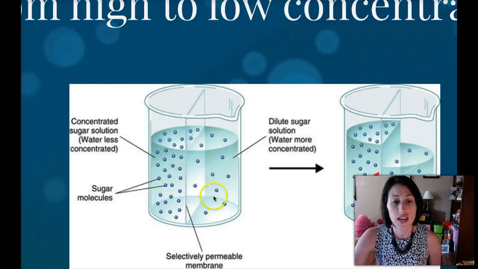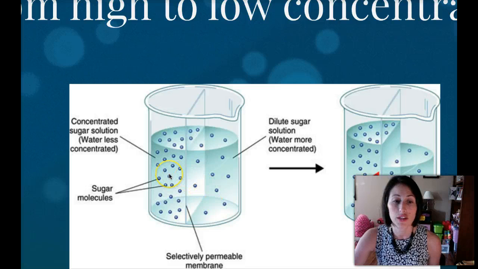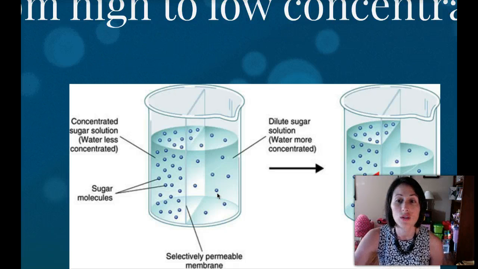And on this side over here, it's a more dilute sugar solution, which means there's less of a sugar concentration compared to this side. So there's less sugar, more water in comparison. Here we have a high concentration of water on this side of the beaker. And we're going to say that this selectively permeable membrane is only permeable to water molecules. So the sugar molecules are actually too big to move across that membrane.